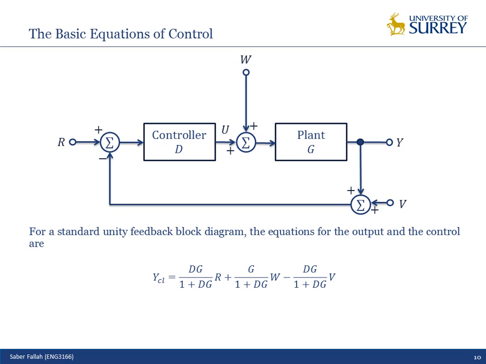If it is positive, negative, the closed loop transfer function T will be DG over 1 plus DGH. Okay? If it is positive, positive, the transfer function will be equal to DG over 1 minus DGH.